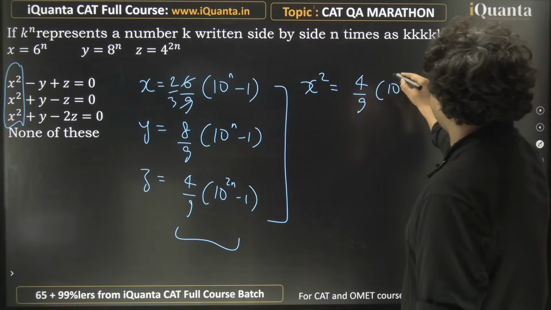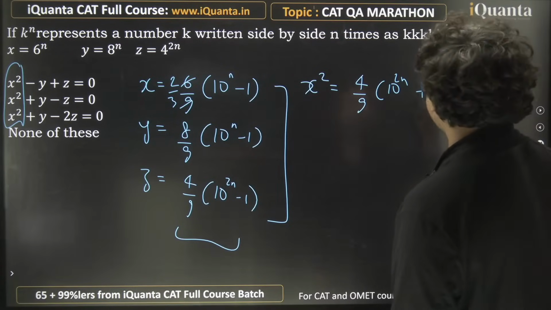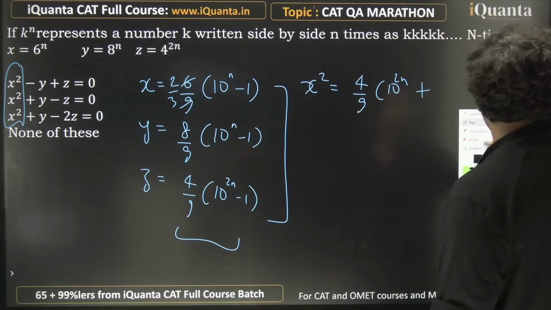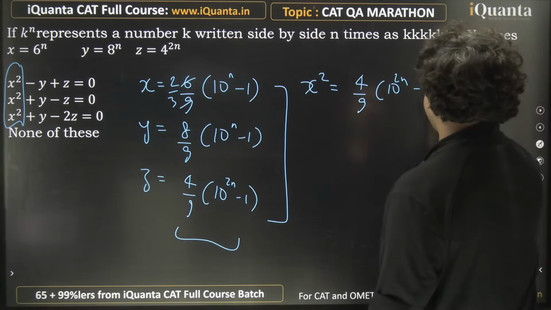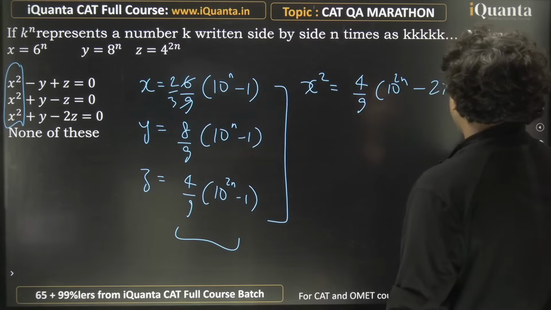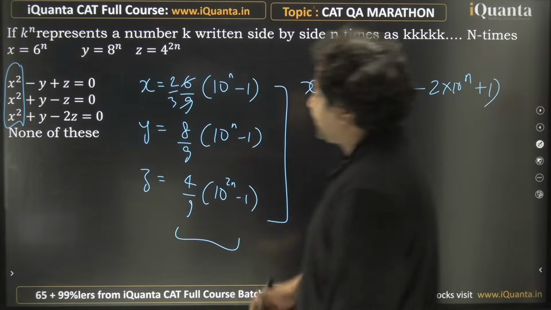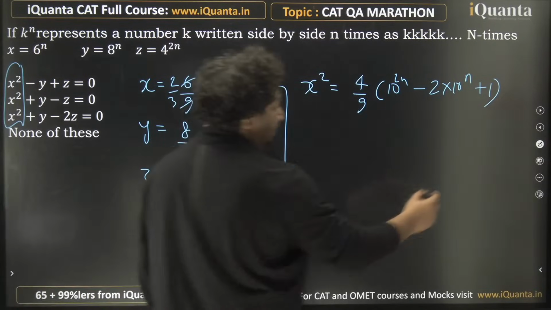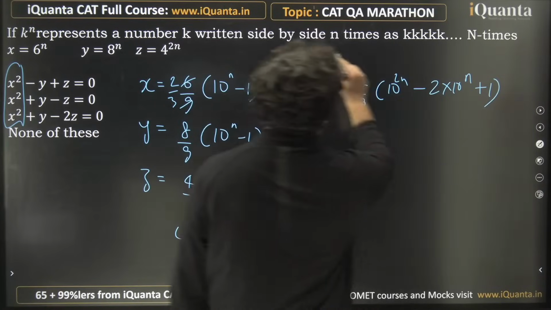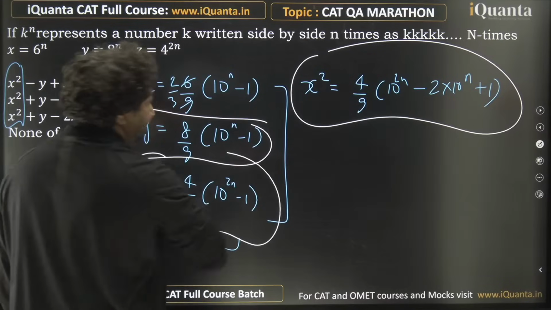We'll take the square of this, 10 to the power 2n plus 2. So it'll become minus 2 into 10 to the power n plus 1. This is the square actually, that was wrong. Now you can use x square, z and y, this whole x square, this y and this z, to look at which option is the most suitable one.